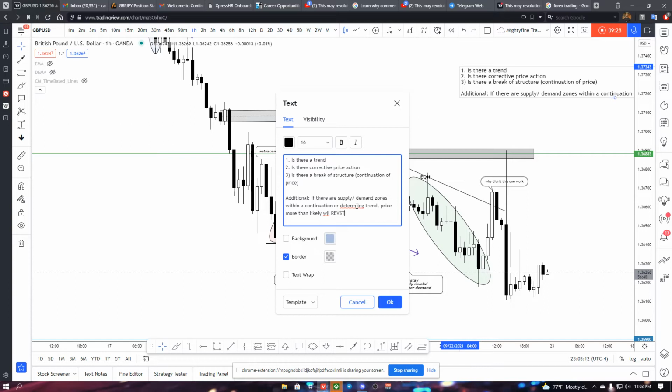Oh dear, it's just the eye that's messing up. Will revisit. Oh, it is the eye, isn't it? Okay.